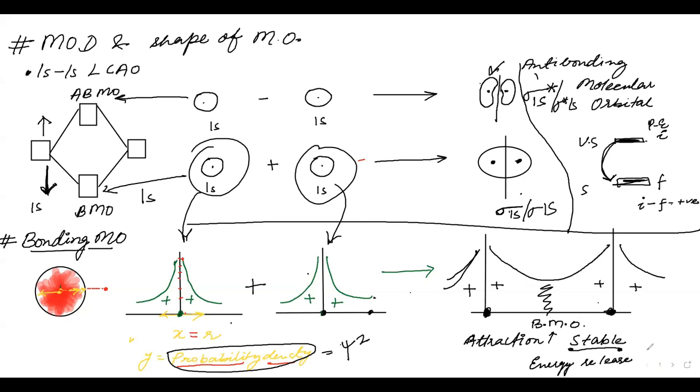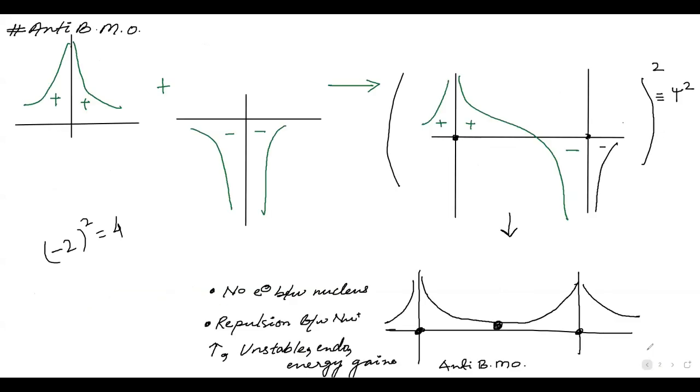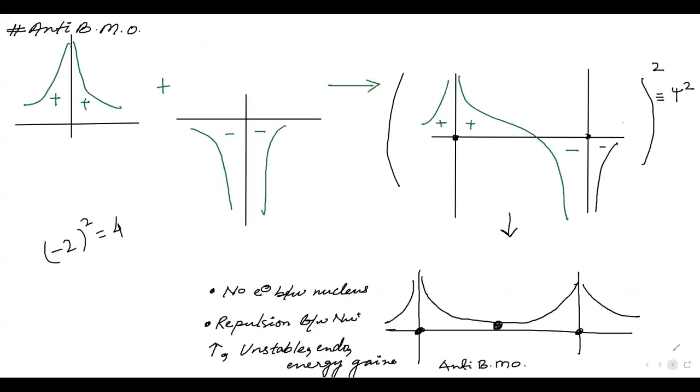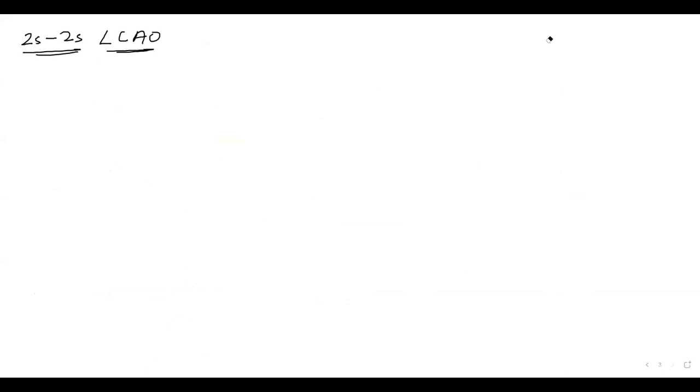You will do it for 2s 2s. It will just be the same. The shape of the MOs will also be the same, just a bit bigger. So I am leaving that for you. Please leave half a page, and I will let you know about 2p 2p.